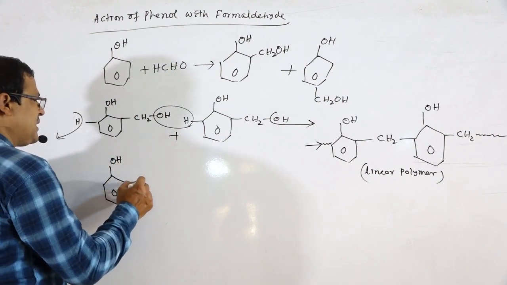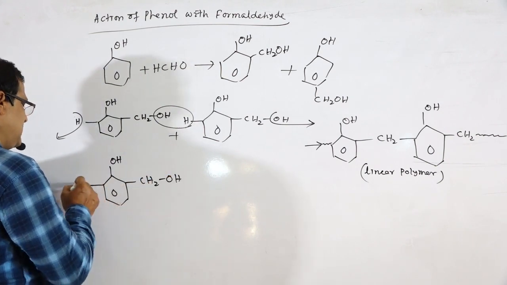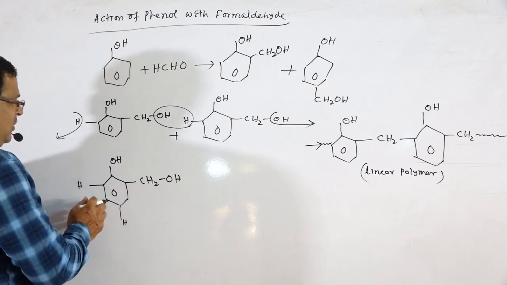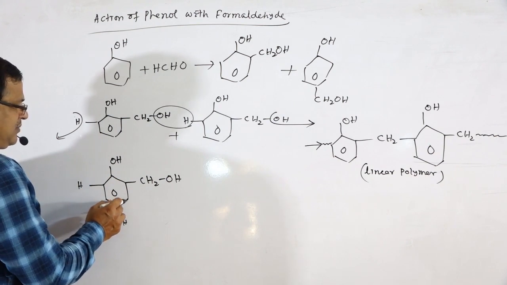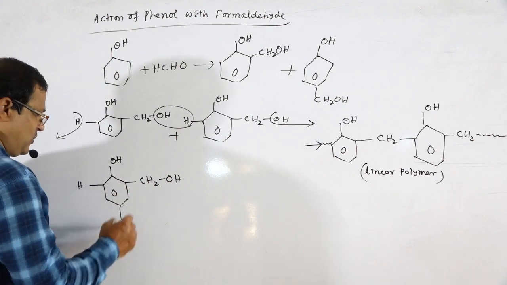OH is attached with CH2OH, that is the ortho product. At the ortho position, all these positions except these two, this carbon, this carbon, this carbon, this carbon, contain hydrogen atoms.